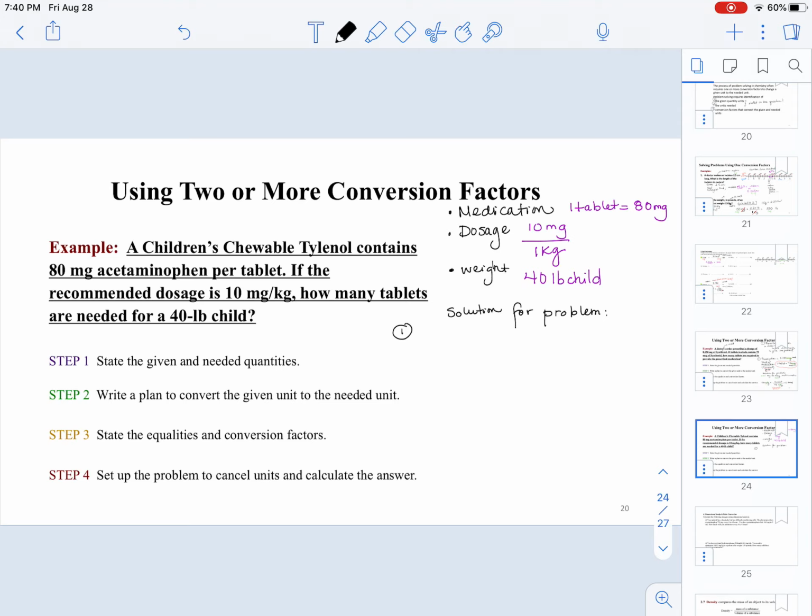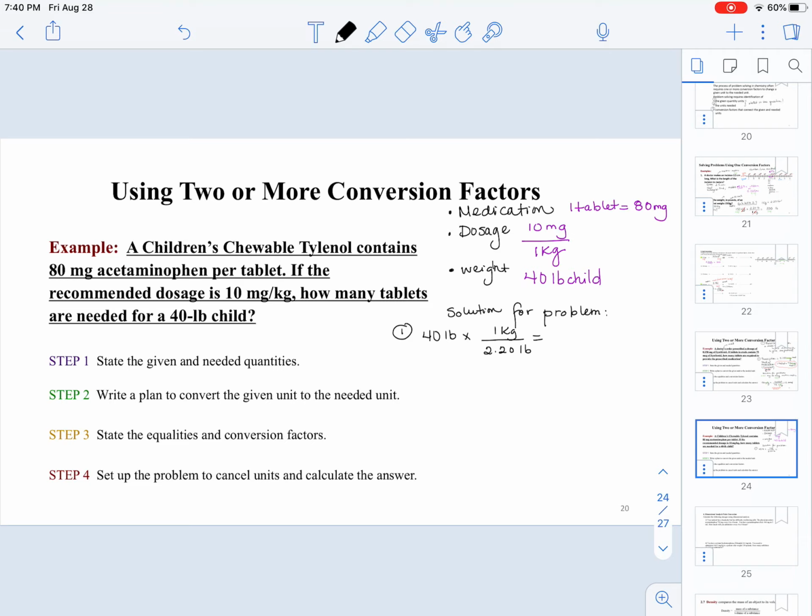So in this case, you're going to say 40 pounds and convert it to kilograms. This is a metric-US relationship in which you know that 2.20 pounds equals 1 kilogram. Again, I'm utilizing dimensional analysis in order to solve this.